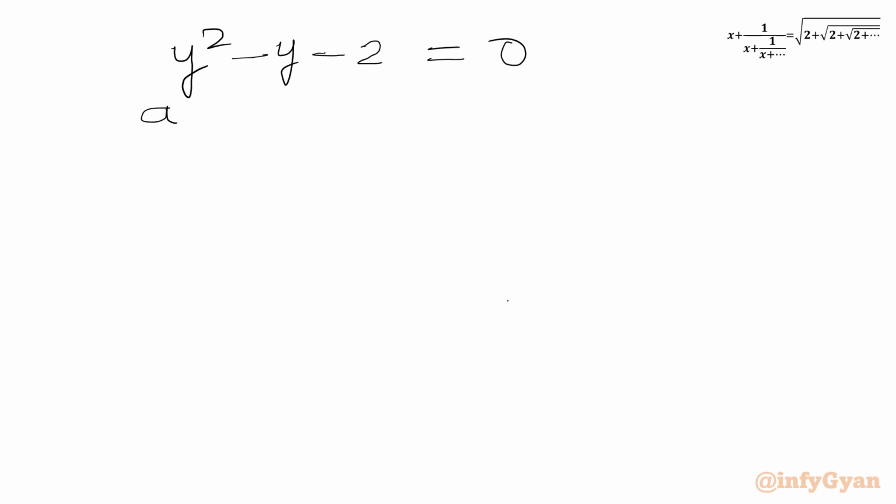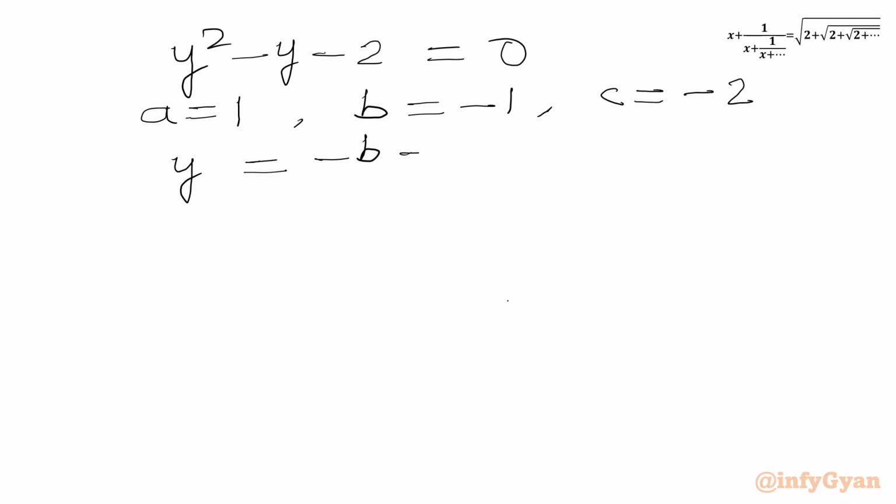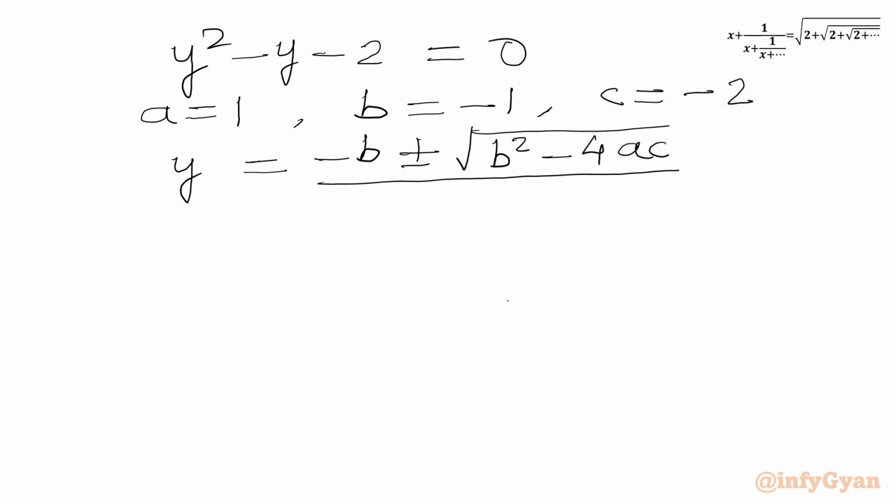Here we can compare with the standard quadratic equation ax square plus bx plus c equal to 0. We will write a equal to 1, b equal to negative 1, c equal to negative 2. As per quadratic formula, y will be equal to minus b plus minus square root of b square minus 4ac over 2 times a.